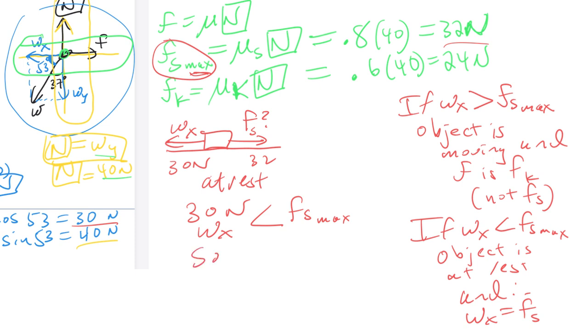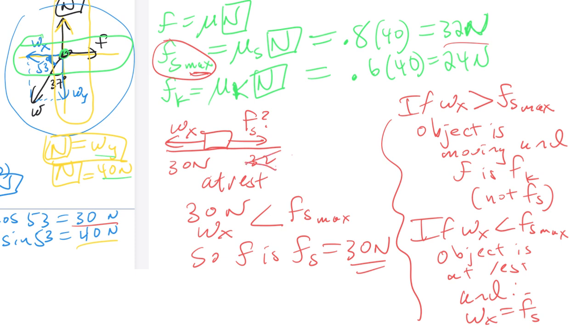So the friction is static friction, and that equals 30 newtons. Because if it's at rest, the forces have to be balanced. So it can't be 32, it's something less than 32 if it's at rest, and that would be 30 newtons. So this thing's at rest, and the friction is 30 newtons. That's what you do on these.